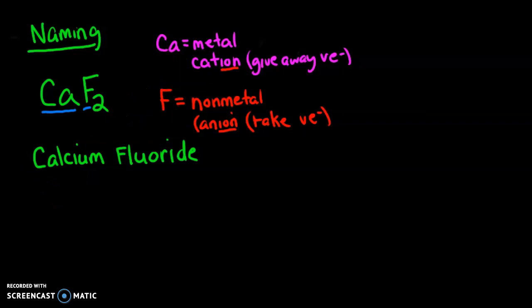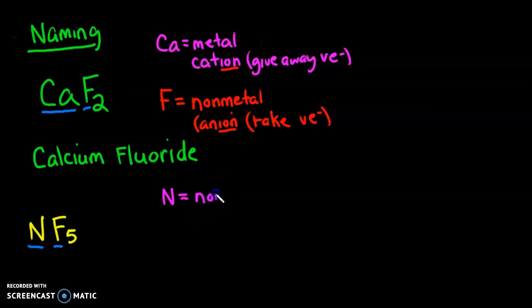Alright, so the next one, let's switch colors here again. I'll do yellow. Say I have NF5. Okay, so I'm going to look at my two elements. I have N and F. So if I find N on my periodic table, it is in group 15 and period 2.